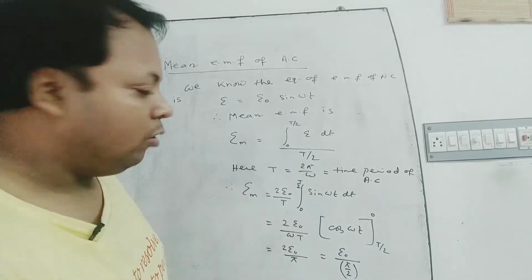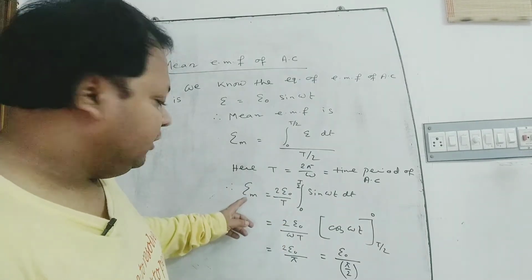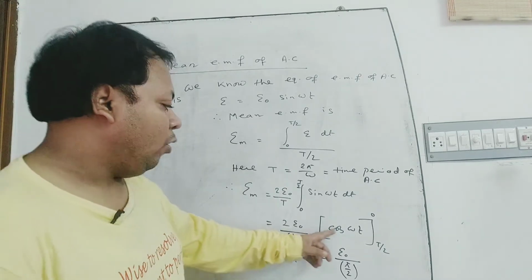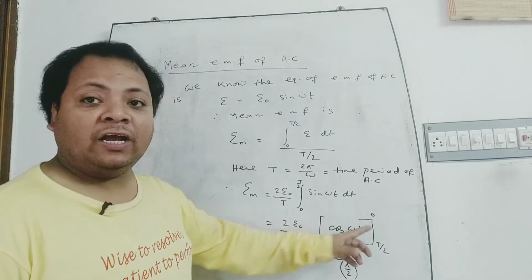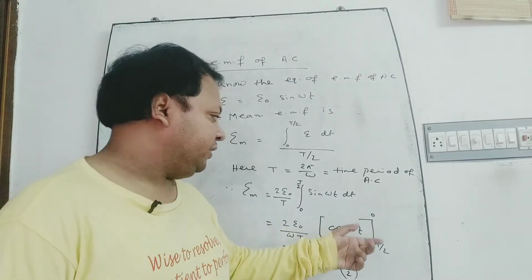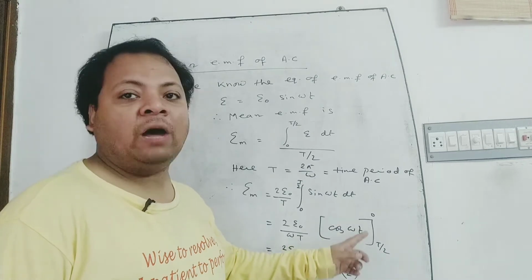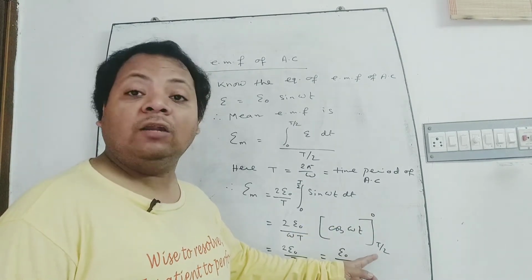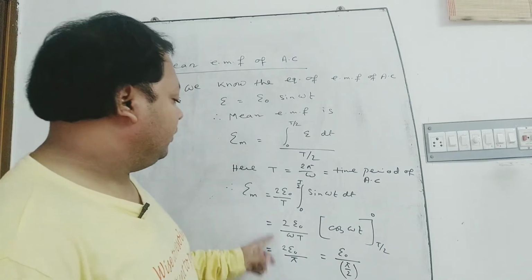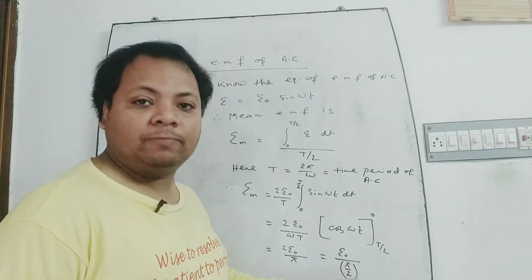Due to the negative sign the limiting values will be reversed. Therefore epsilon m is equal to epsilon 0 by pi by 2, that is, epsilon 0 divided by pi by 2.